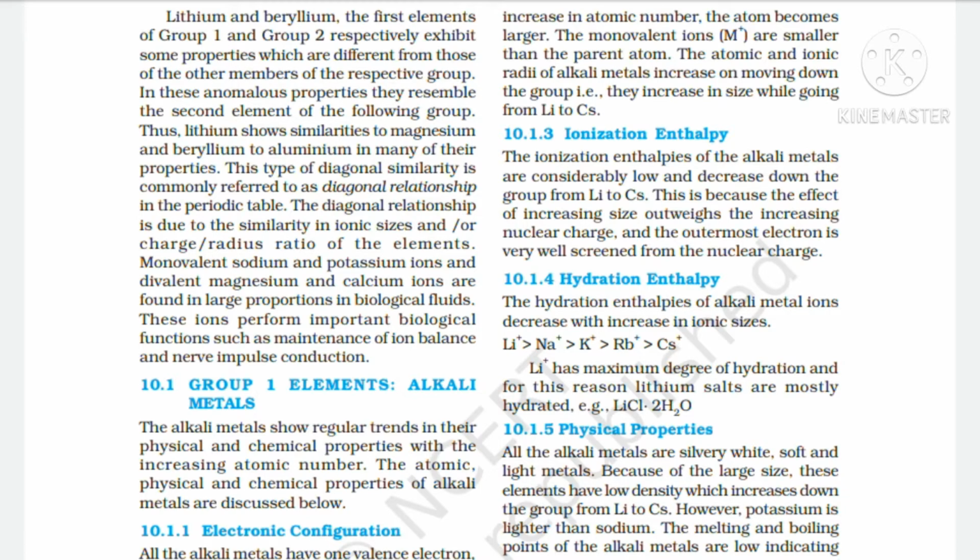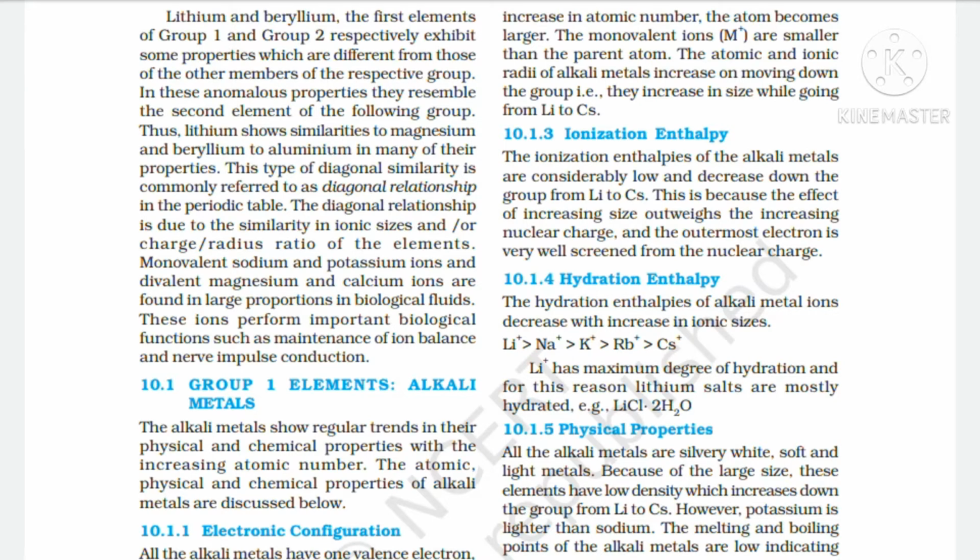The electronic configurations are given. Lithium, symbol Li: 1s2 2s1. Sodium, Na: 1s2 2s2 2p6 3s1. Potassium, K: 1s2 2s2 2p6 3s2 3p6 4s1. Rubidium, Rb: 1s2 2s2 2p6 3s2 3p6 3d10 4s2 4p6 5s1.